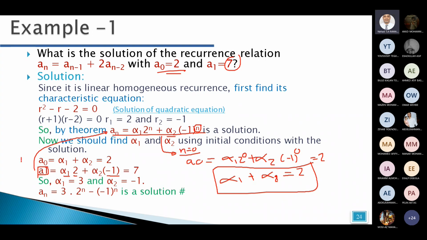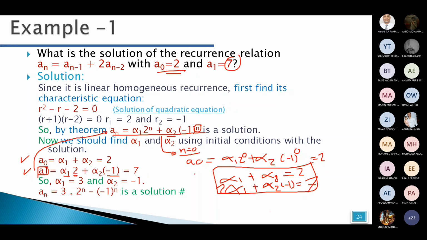Okay, so we have one equation and another equation: 2 alpha 1 plus alpha 2 multiplied by minus 1 equals 7. We can solve it and get alpha 1 and alpha 2.